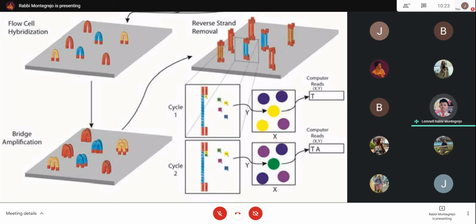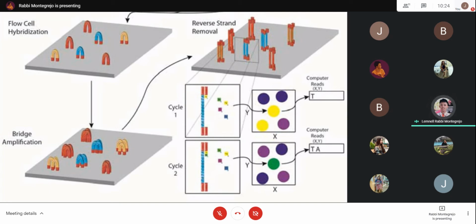The computer then uses the algorithm that it has been programmed into, and interprets that yellow light as the base T. So, in effect, since ang iyahang na-detect is T, therefore, ang iyahang pair is A.